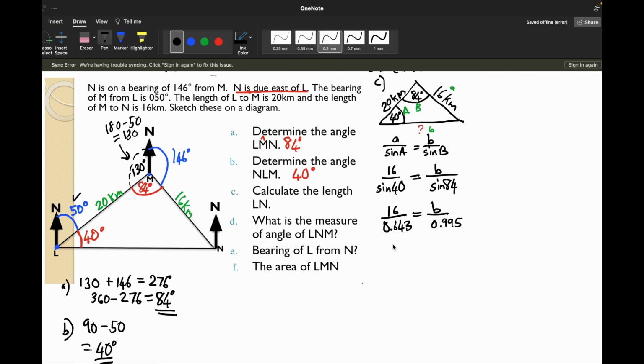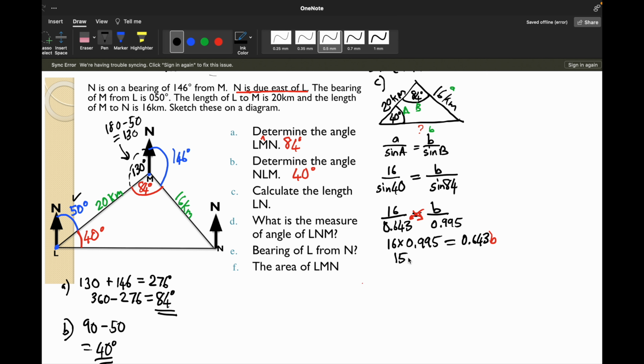What do we do here now? Cross multiply. Nice. So then now we got 16 times 0.995, which is equal to B. Let me put a number first. So 0.643 B. All right, so how do we get B by itself? We work this out first. We divide by 0.643, but let's work out the values.